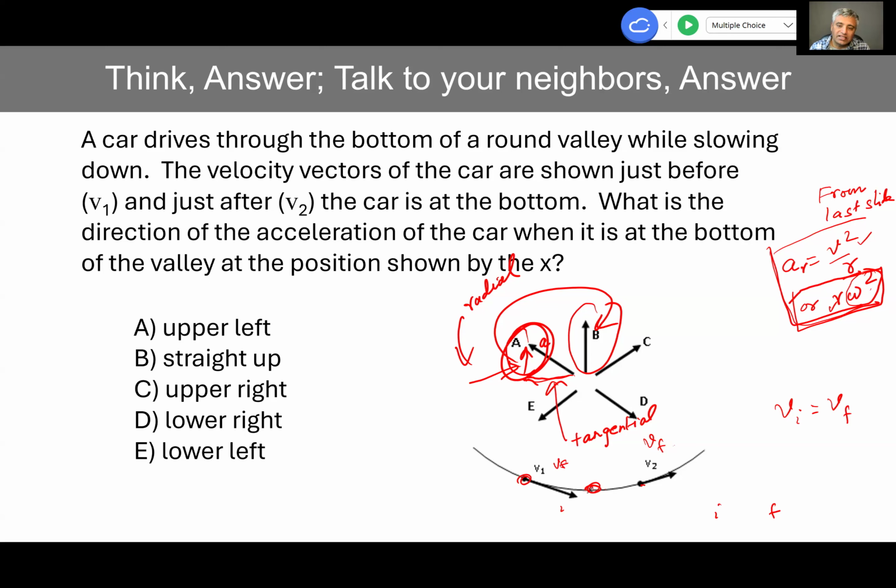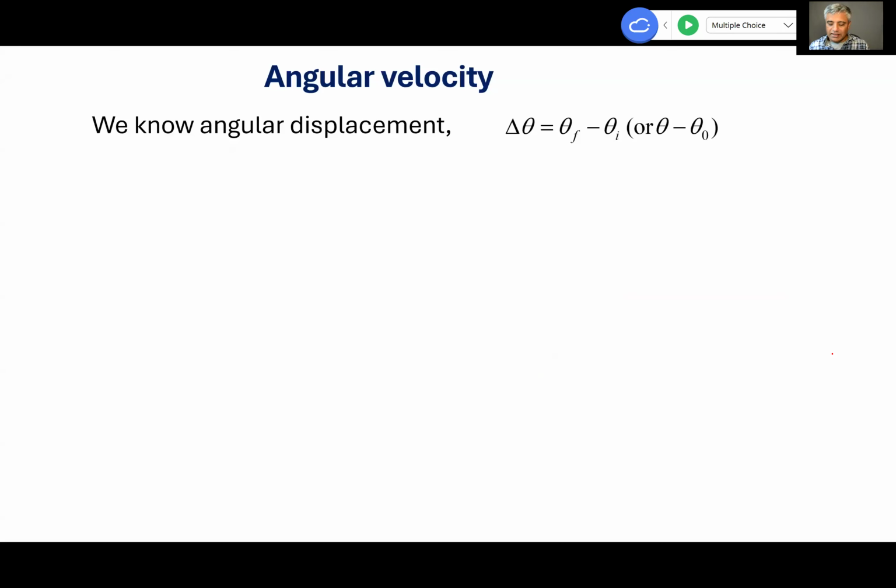Just like linear speed is defined as displacement over a time interval, similarly, angular speed is defined as angular displacement. That means displacement not in terms of just linear positions, but in terms of angular positions. And that's what I'm writing here.